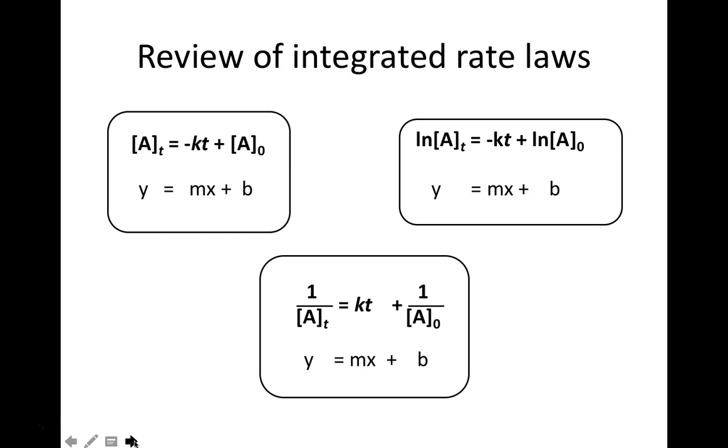Display the r squared, which is the goodness of fit, or the correlation of the data to the line that's being plotted. The one that has an r squared value closer to 1, closer to unity, which says that the equation really accurately describes the data, is going to be your order of the reaction.